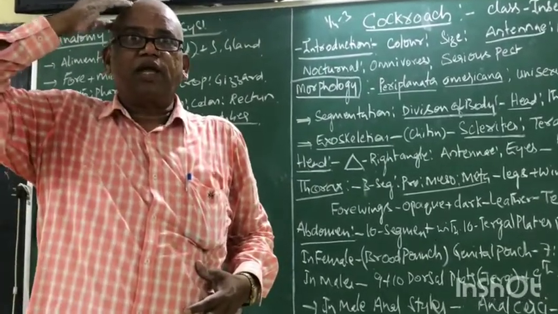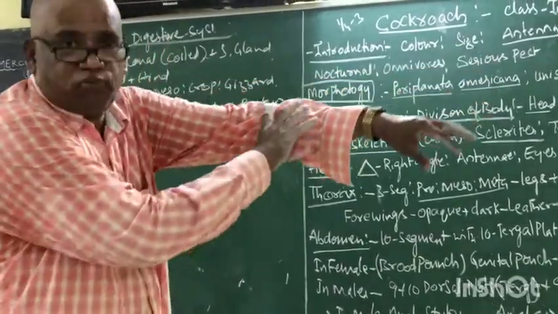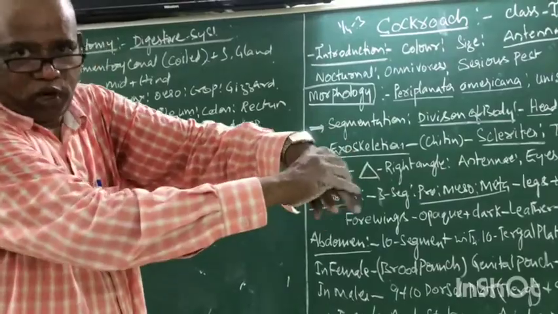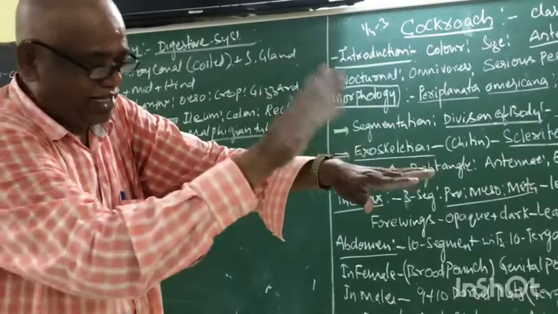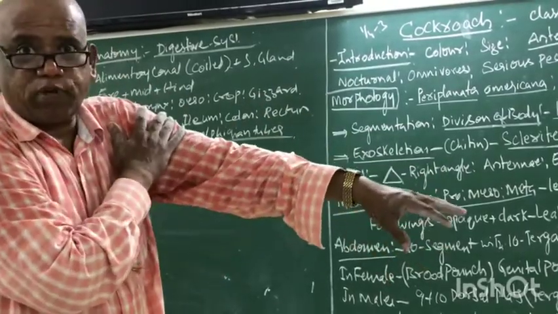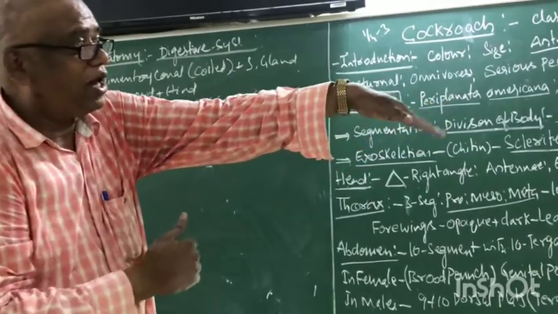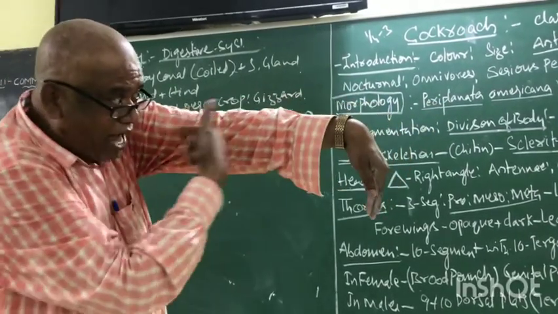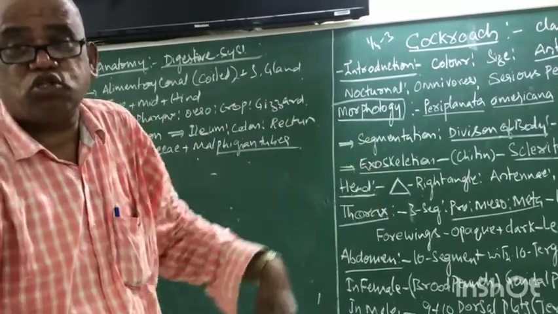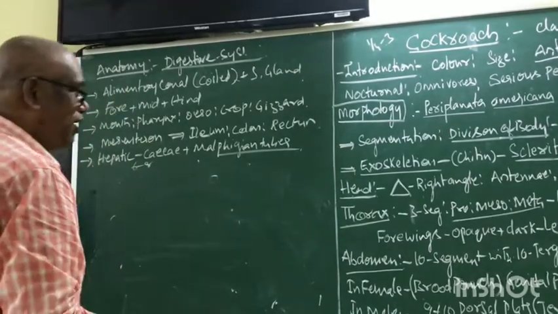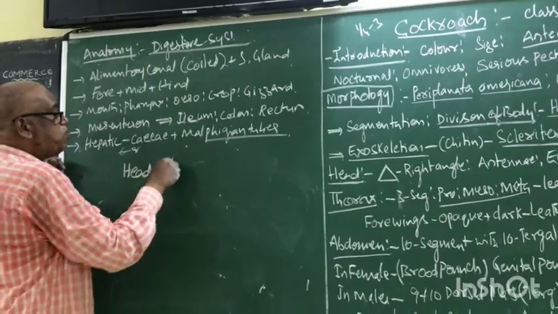The head is parallel to the main axis. Imagine the limbs, with the first part, second part, third part as head, thorax, abdomen. But in the cockroach, the head is not parallel to the main axis. Such a head, which is at a right angle to the main axis, is called a hypognathous head. The head of the cockroach is hypognathous.